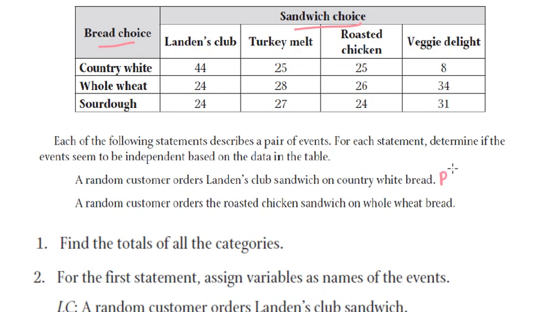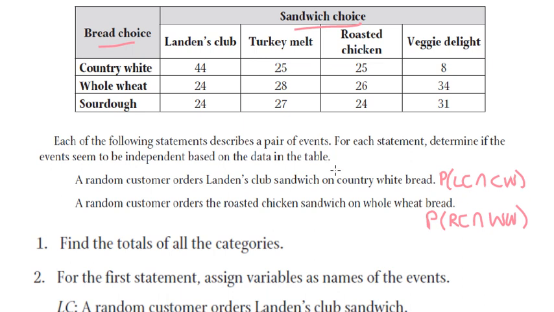So it's asking us to analyze Landon's club sandwich, so let's make it LC, and country white, CW. And then this one is going to be asking us to think about the probability of chicken sandwich. So let's make that RC, roasted chicken, and whole wheat, so WW. So those are the situations that we're going to be looking at here.